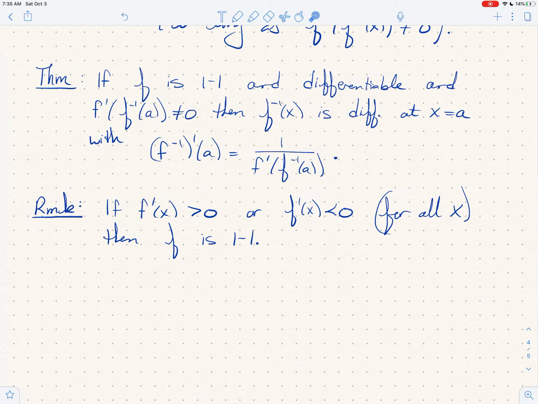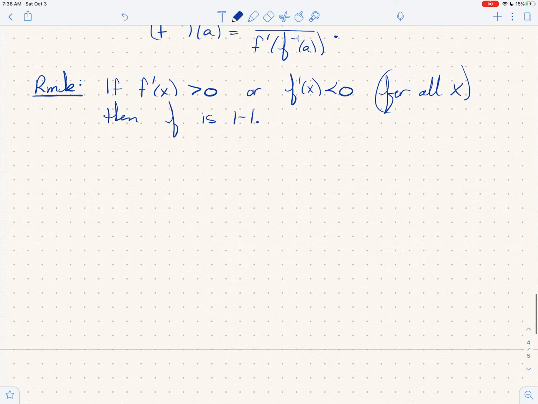Quickly, why is that the case? This is saying the slopes of your tangent lines are always positive, always increasing, or always negative, always decreasing. And if that's the case, you can't possibly fail the horizontal line test. If you fail the horizontal line test, then at some point your slope has to actually be 0. All right, so that is going to be a useful tool for us to quickly check whether a function is 1-to-1 or not.